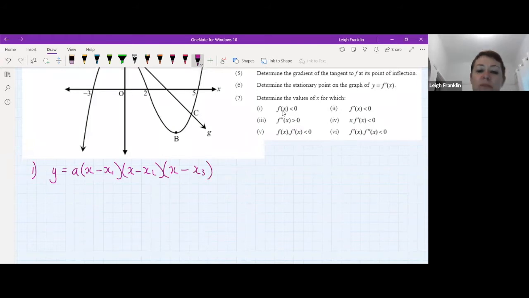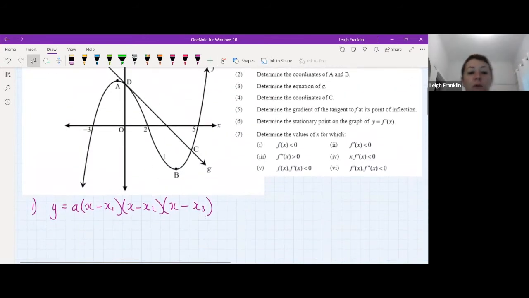Now this is not on your formula sheet. Okay, so you need to know that you've got to learn that. Okay, so that's where cubics come from, isn't it? It's by multiplying x together 3 times. So it's 3 brackets. And there are your 3 distinct roots. So as Tsepiso said, we are going to use minus 3, 2, and 5.